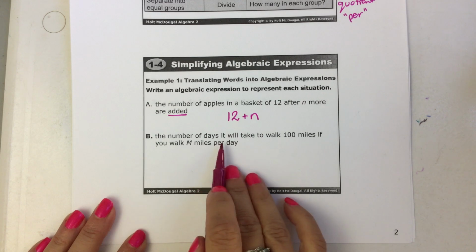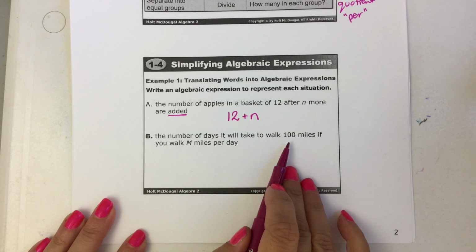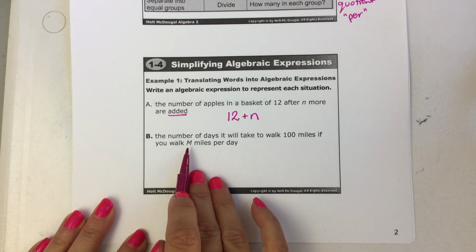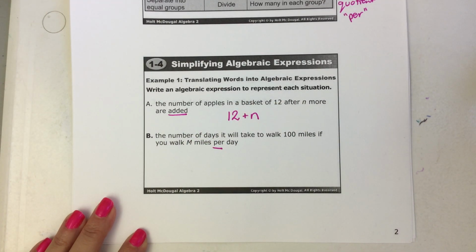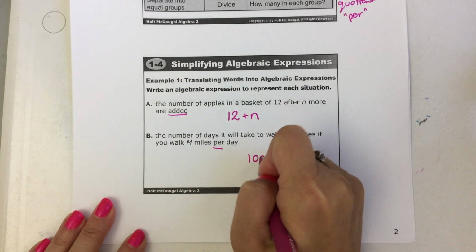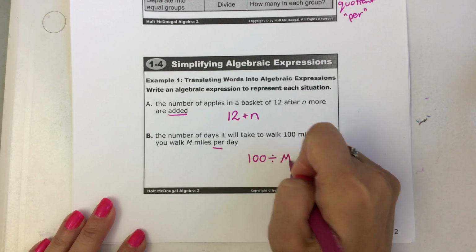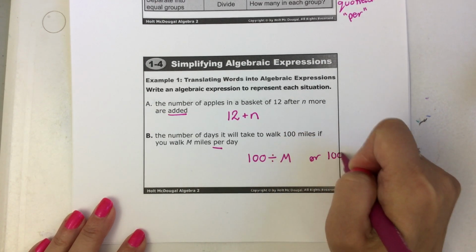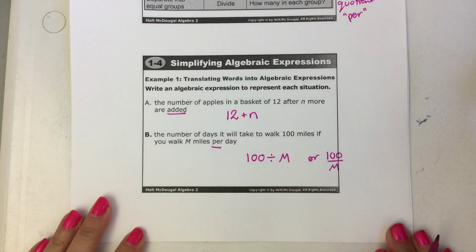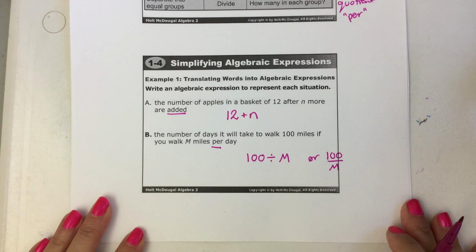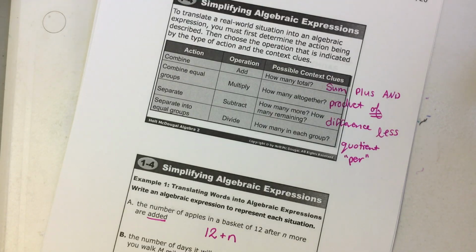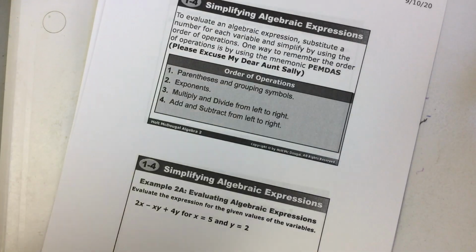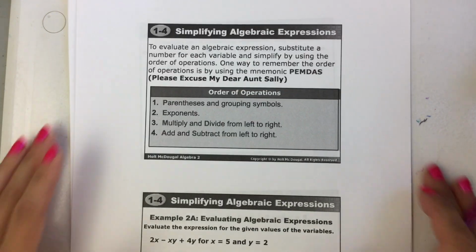The number of days it will take to walk 100 miles if you walk m miles per day. Per is that word that indicates division. So it's 100 miles divided by m. Or remember, you can always indicate division by writing a fraction. So 100 over m or 100 divided by m. That is the first part of what we're doing for 1.4.